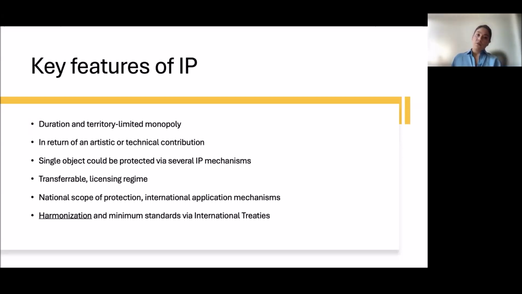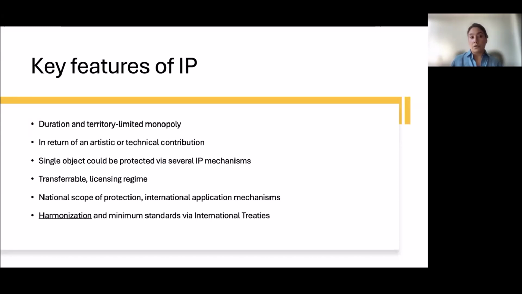And intellectual property rights are transferable. Well, you can sell your patent, or you can license your patent, for example. It could be a non-exclusive license, so it means you have several licensees out of the same intellectual property right, or you can just exclusively give your rights to someone else.